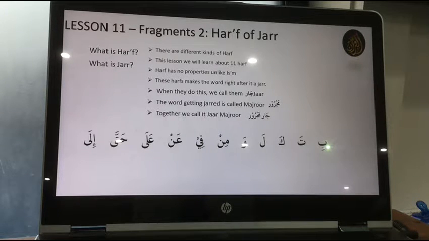That wa is and. Those who believe, and do good. So there are two wa. Then also we say wa tawasaw bil haqqi wa tawasaw bis sabr. Those wa mean and, normal and. But the first wa, wal asri, makes the next word jar.